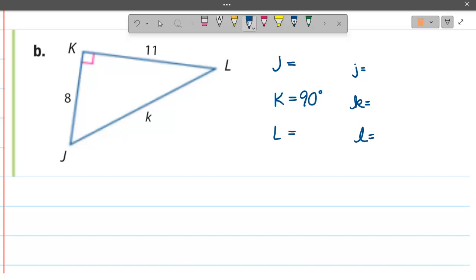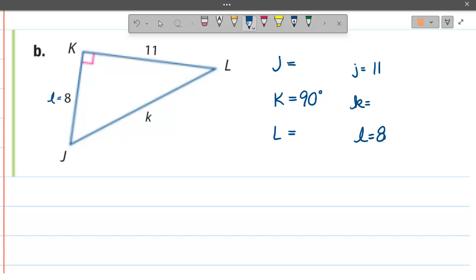We don't know little k. We know that the side opposite angle L, this is little l, it's 8. We know little j is 11, side j. So unlike the last time where we could just subtract and figure out these missing angles, we're going to have to do a little bit more work for this one.